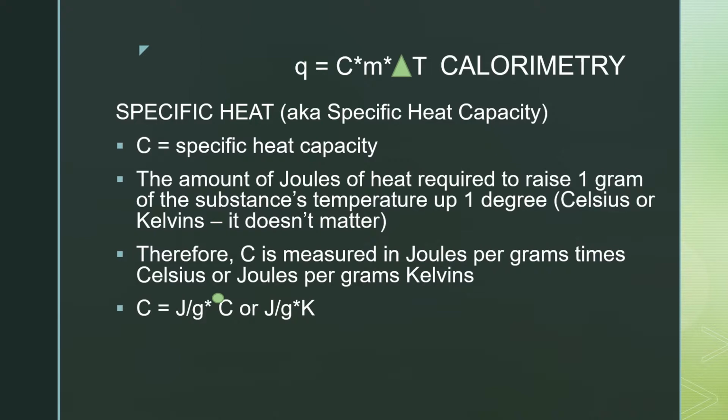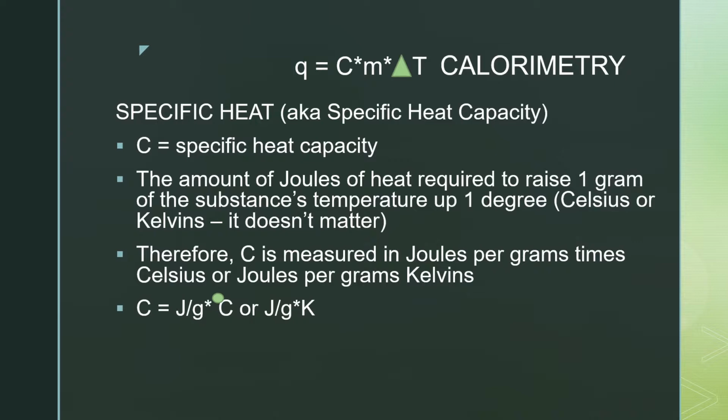Now, since the amount of joules of heat is required to raise 1 gram of the substance's temperature up 1 degree, specific heat capacity, or capital C, is going to be given the unit of measurement joules per grams times Celsius, or joules per grams times Kelvin.